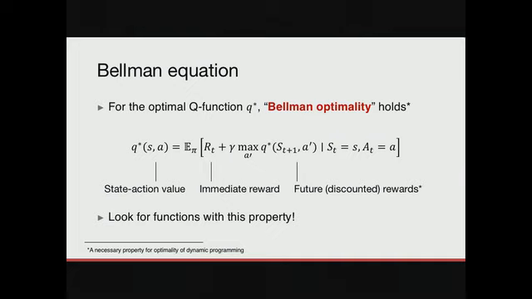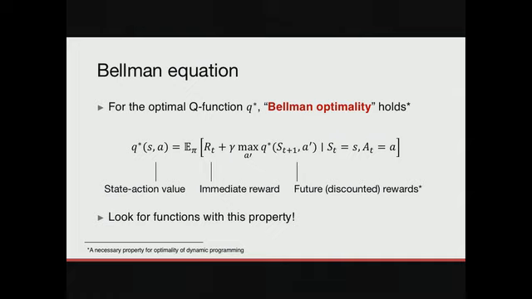So think about mechanical ventilation. As I said before, if we put a patient on mechanical ventilation, we have to do a bunch of other things after that. If none of those other things lead to a good outcome, this part will be low, even if the immediate return is good. So for the optimal Q star, this quantity holds. We know that. We can prove that.